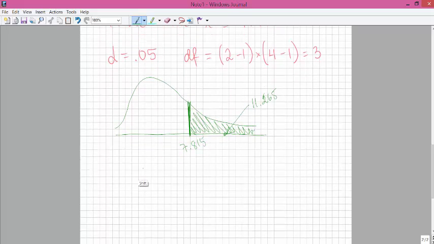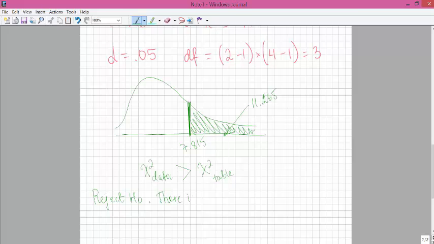So the chi-squared of the data that we've computed is greater than the chi-square from the table that's given to us, right? That means we reject the null hypothesis.